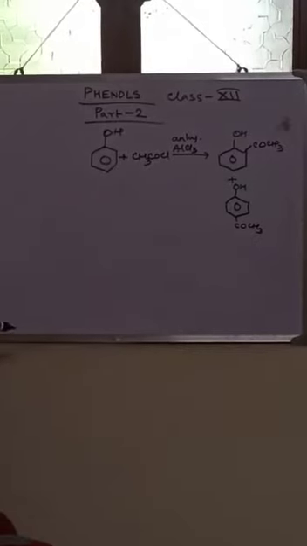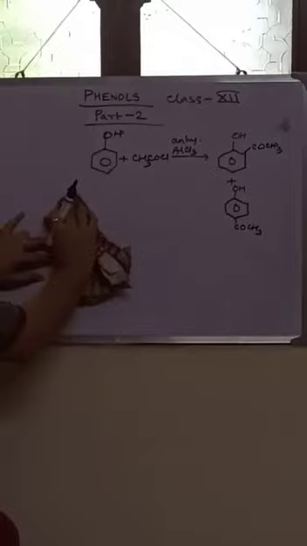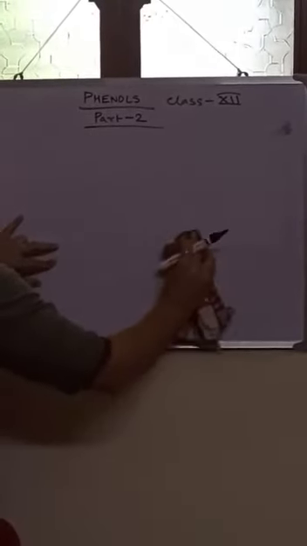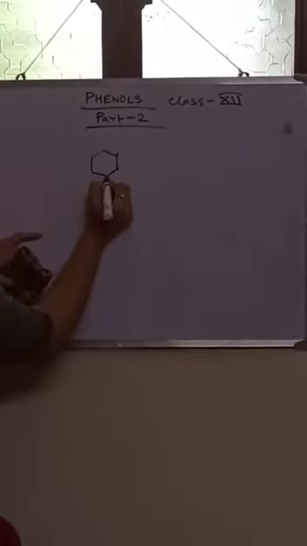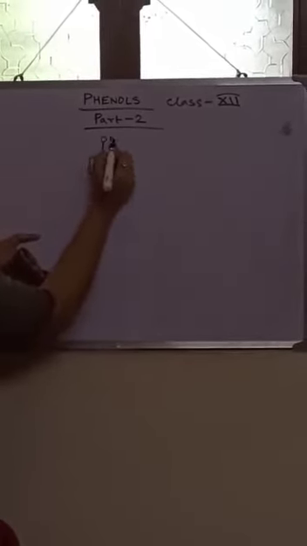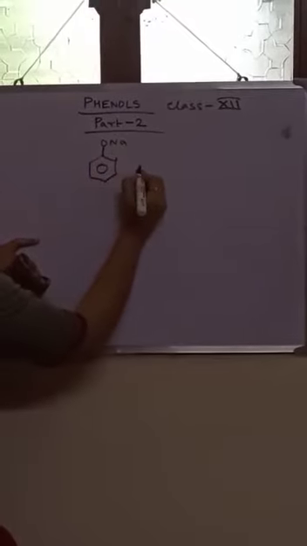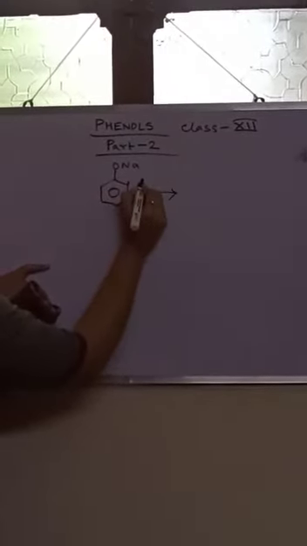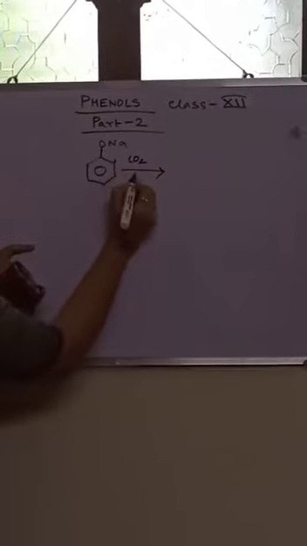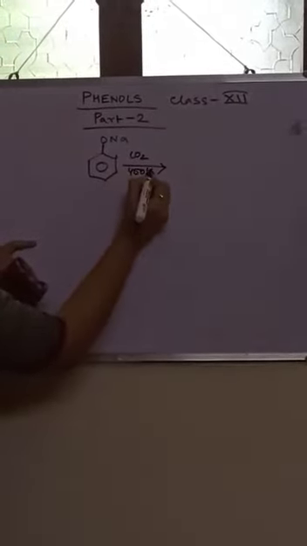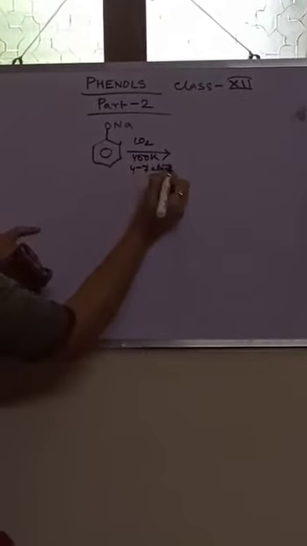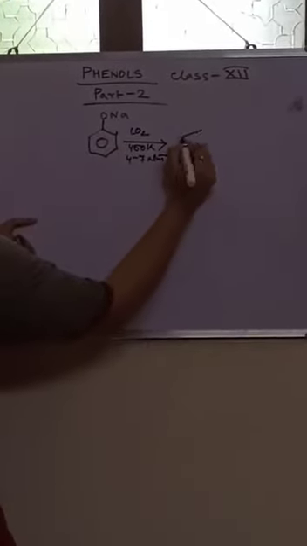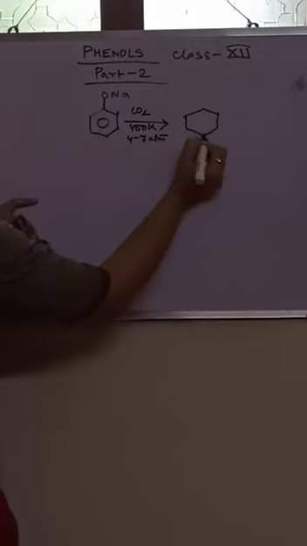Okay, next one which I will come to is a named reaction, which is known as the Kolbe-Schmidt reaction. When sodium phenoxide is heated with carbon dioxide at 400 Kelvin and at 4 to 7 atmospheric pressure, then carboxylation will occur.